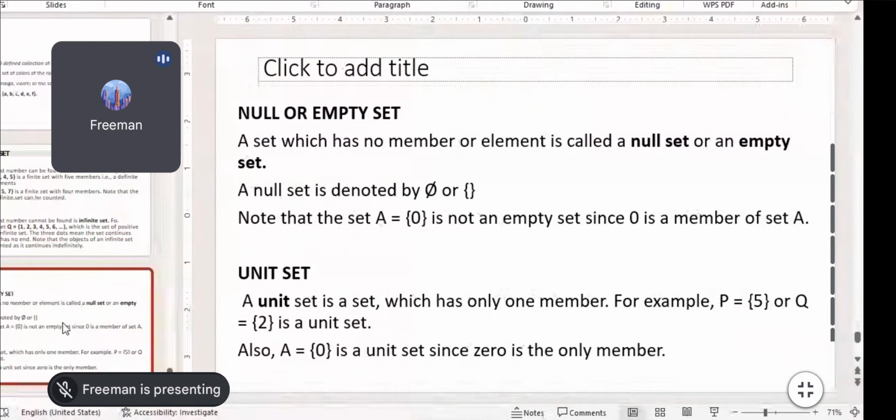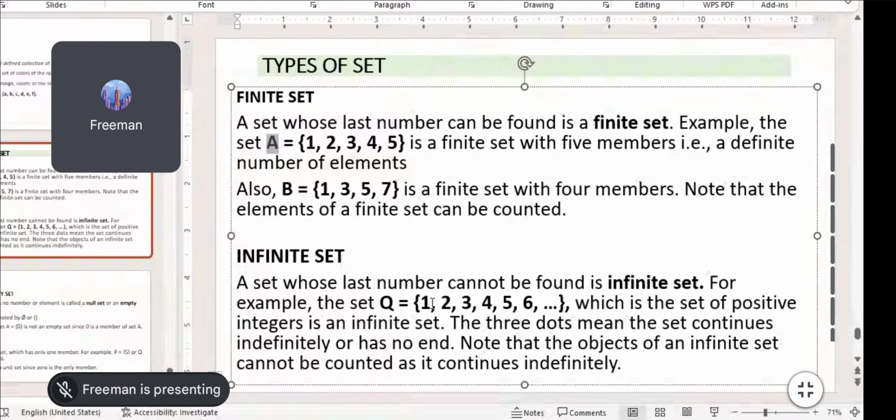We can also talk about a null set, which is also called an empty set. A null set or empty set is a set that has no element. When we say element, the 1, 2, 3 to 5 you are seeing there are the elements of set A. The 1, 3, 5, 7 you are seeing here are the elements of set B. The 1, 2, 3 up to infinity you are seeing here are the elements of set Q. The red, orange, yellow, green, blue, indigo, and violet you see here are the elements of that set.